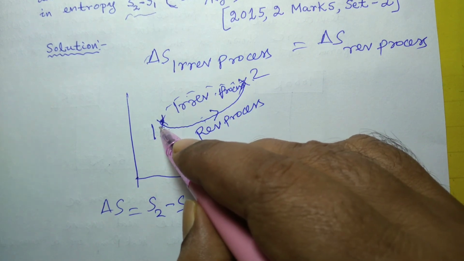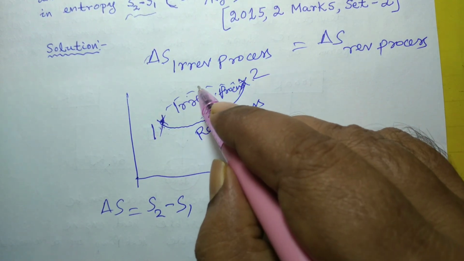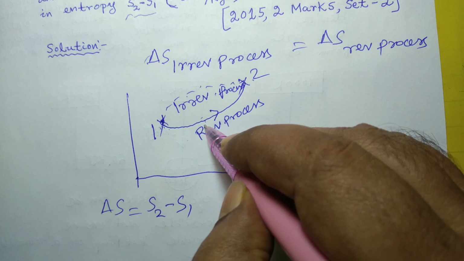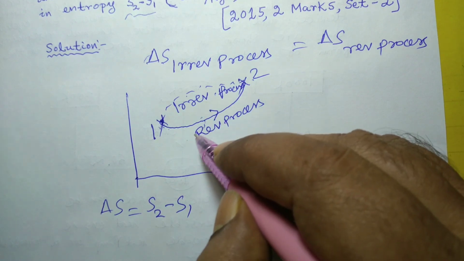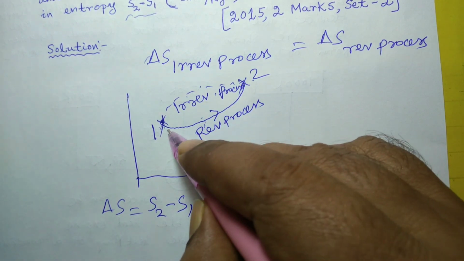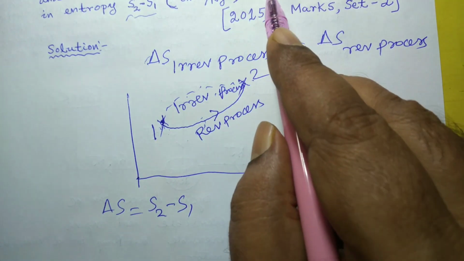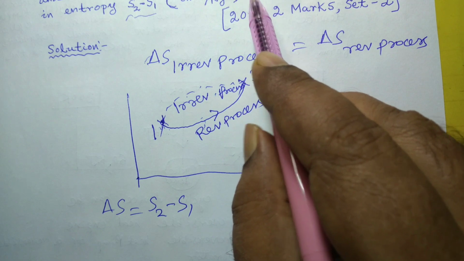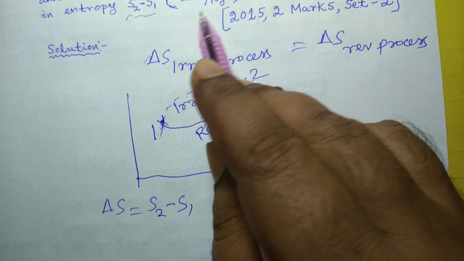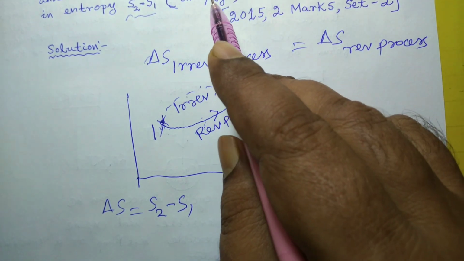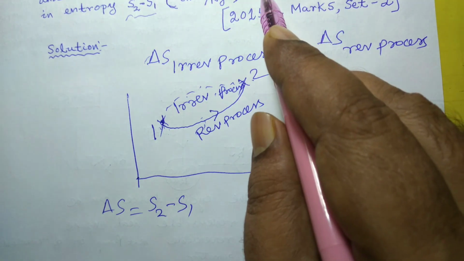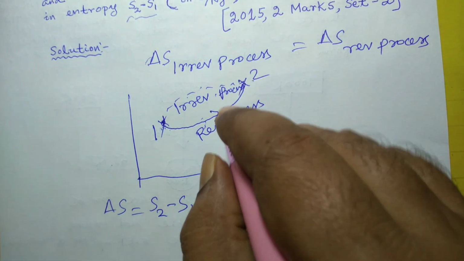The equilibrium end states are the same, but the process is irreversible. So we can calculate the change in entropy on a reversible process, even though the actual process is irreversible.